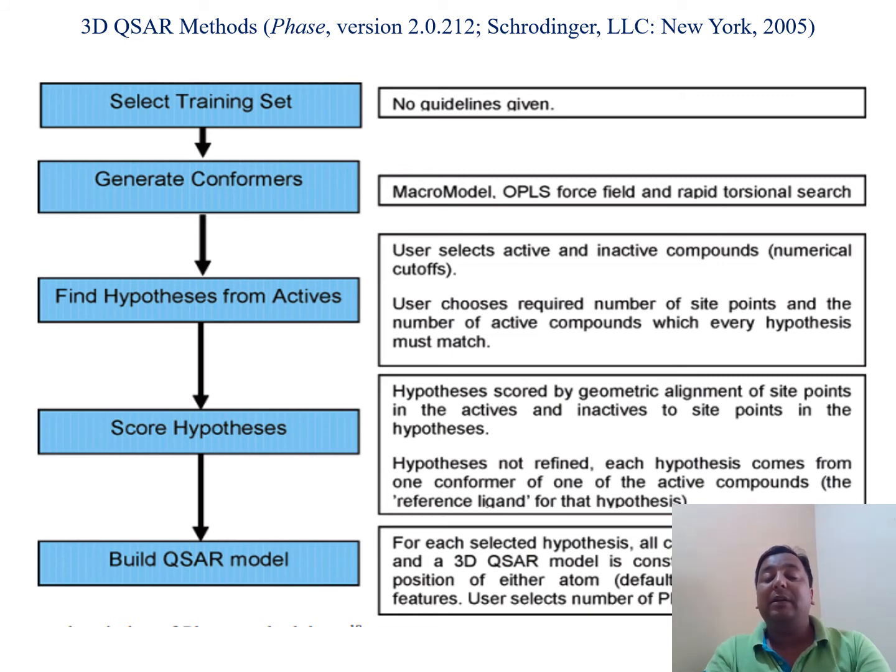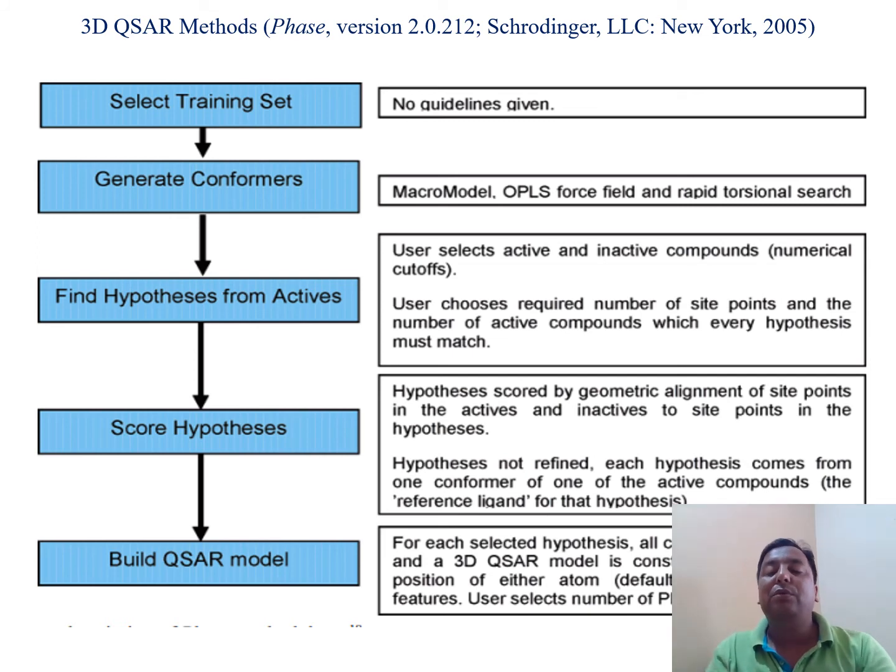We will divide it at 6: more than or equal to 6 will be active. So 60% of the compounds are automatically divided into active and the remaining will be inactive. So we can divide 60-40%.